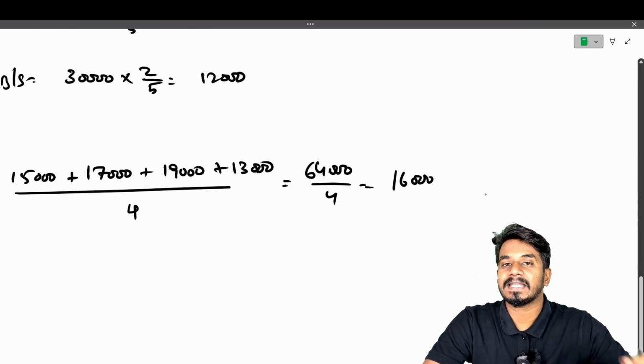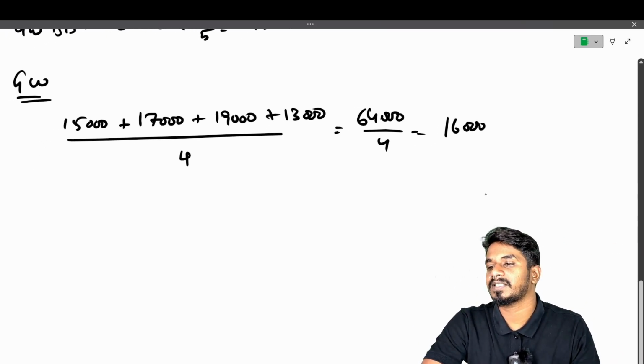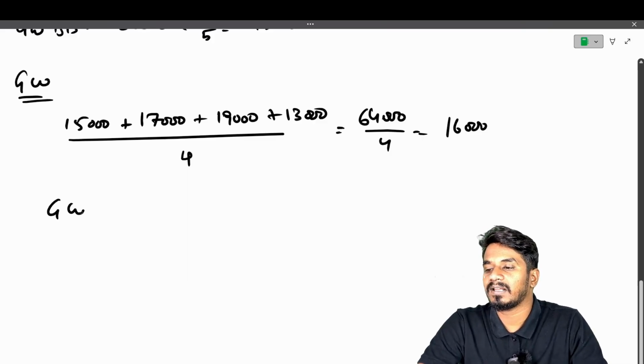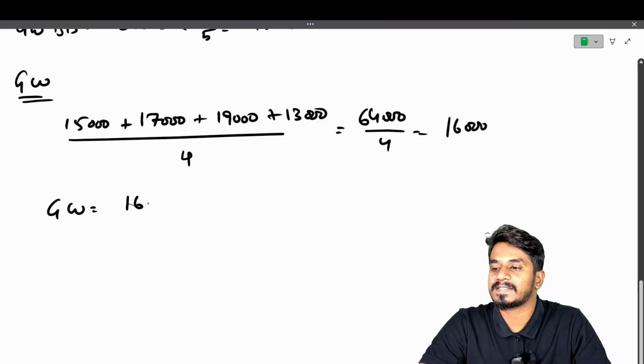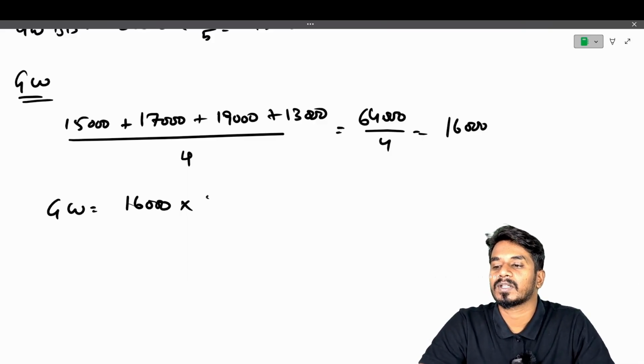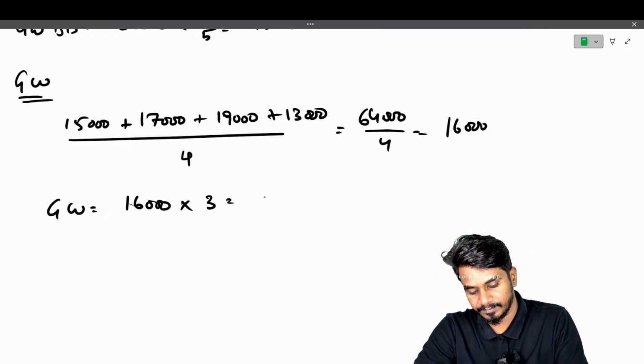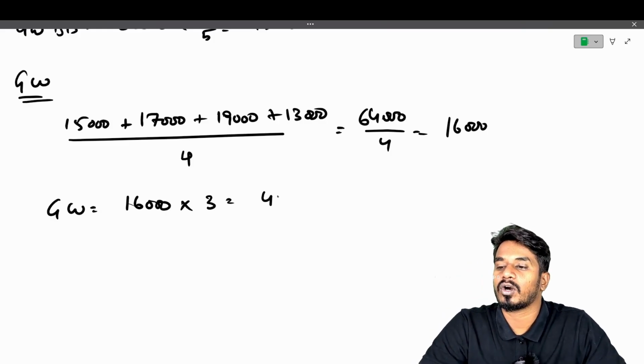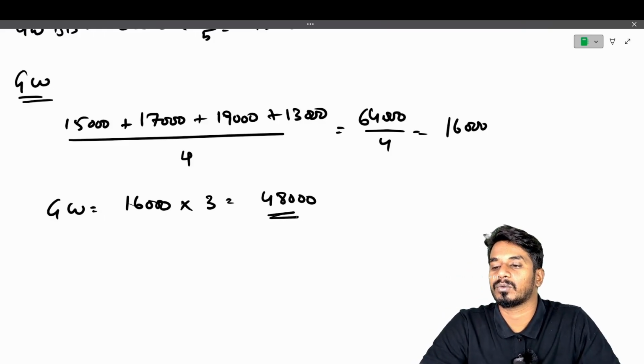So goodwill will be thrice the average profit, which means goodwill equals average profit, that is 16,000 rupees, into 3, that is 48,000 will be the total goodwill.